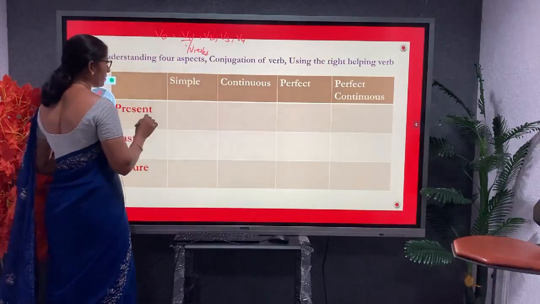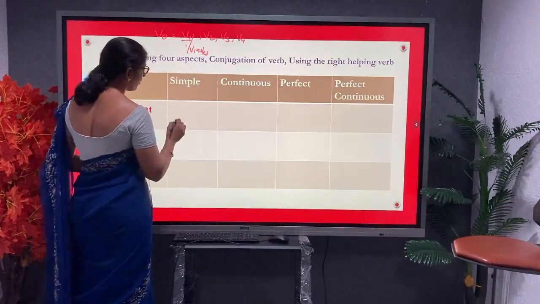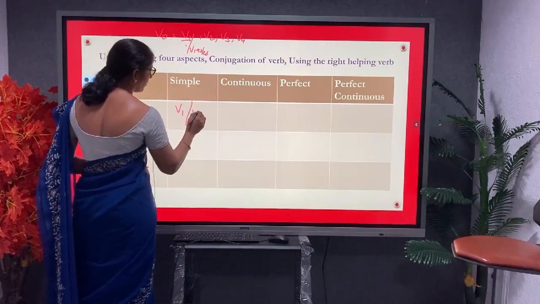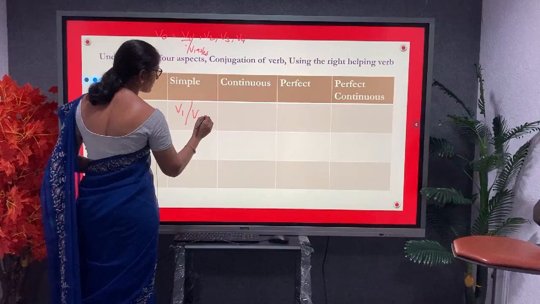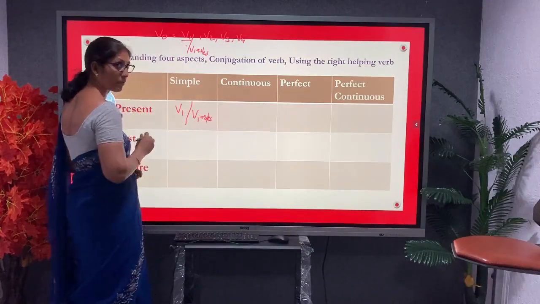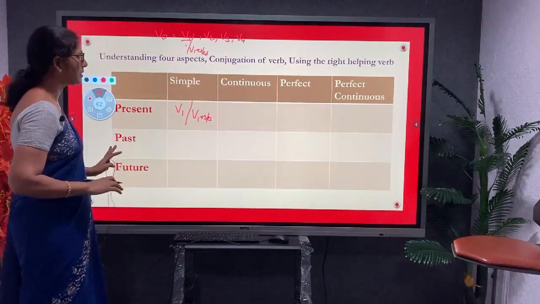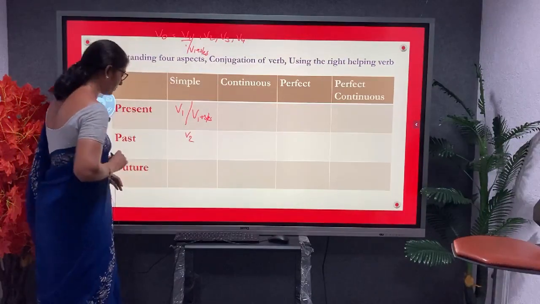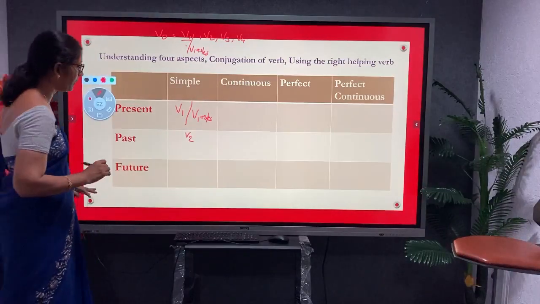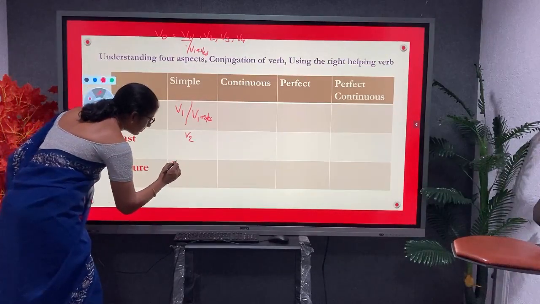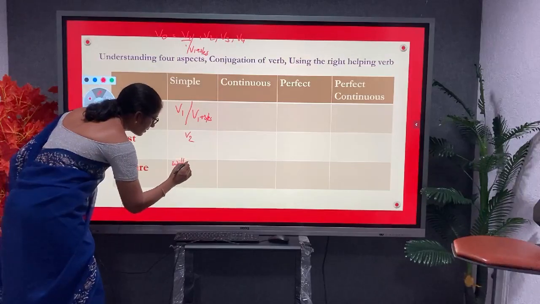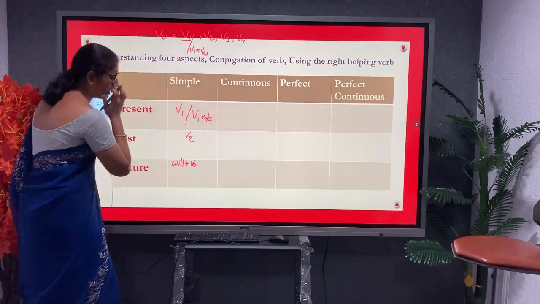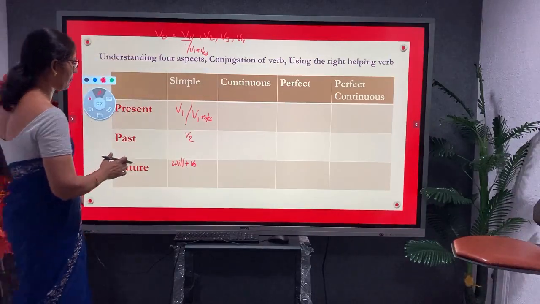Okay, right. For simple present tense, we take the verb first form V1 or V1 plus S or ES, right. We will discuss these things. Past tense means simply we will go with V2. Okay. Future means simply we will go with will plus V0. Okay, right, or we say V1.